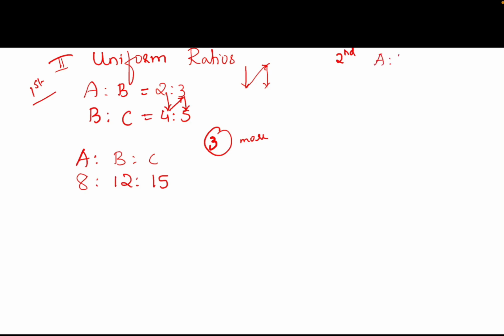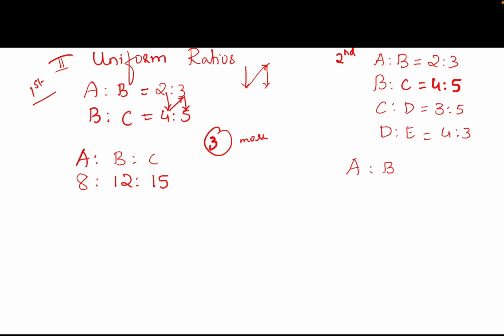Let A is to B be equal to 2 is to 3, B is to C equal to 4 is to 5, C is to D equal to 3 is to 5, and let D is to E be 4 is to 3. Now I want a uniform ratio between these, that is A is to B is to C is to D is to E. So how to do that?